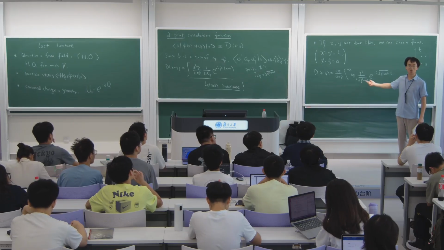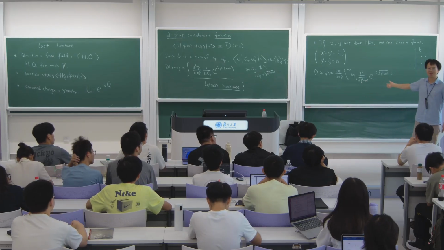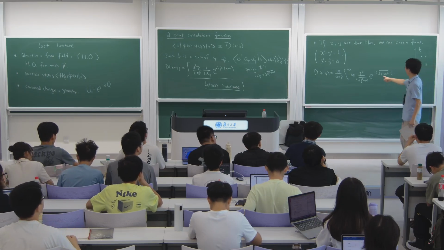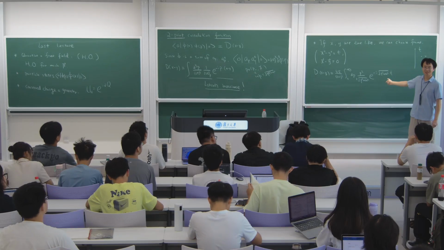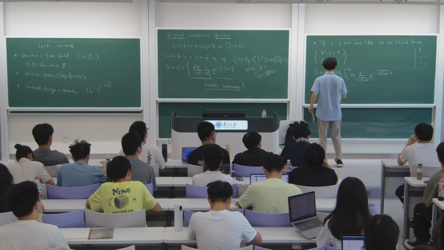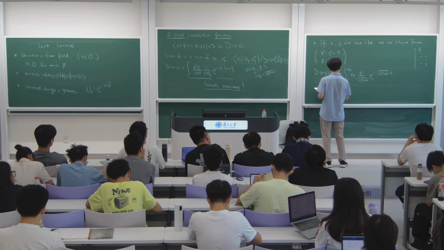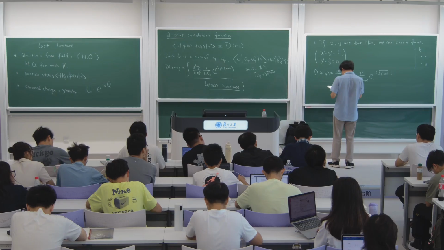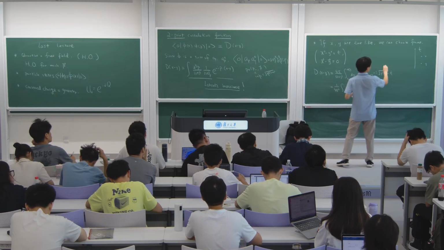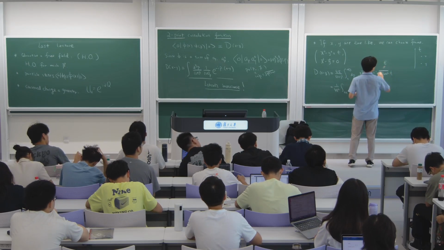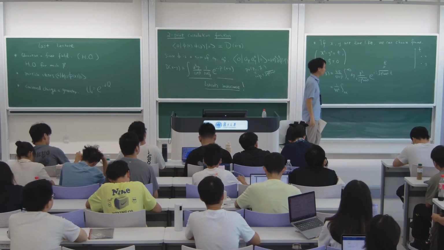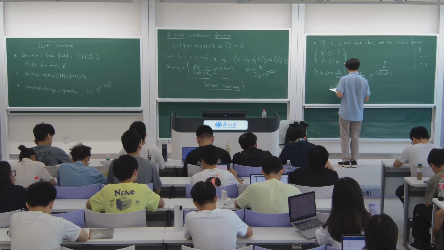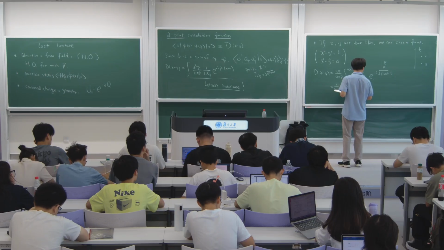It may motivate you to change variables. I can send this square root to some new variable. Yes, that's the correct idea. So if you do this change of variables, for example, I denote this square root as capital E, my new variable, then this integral turns into this one.